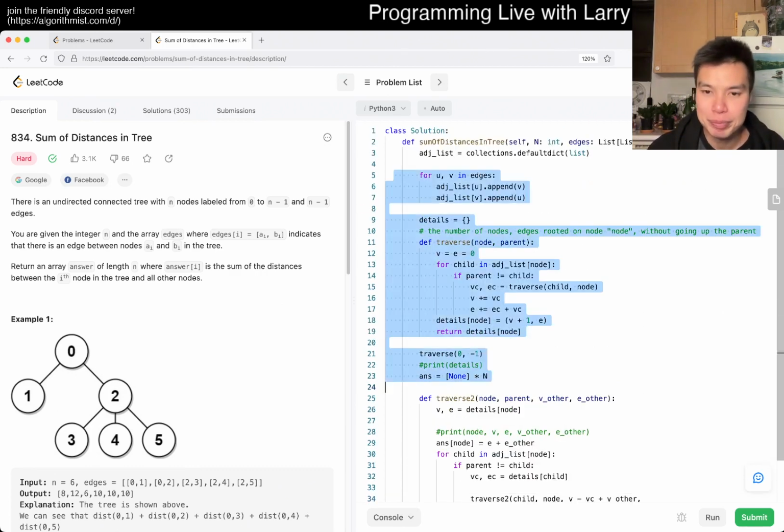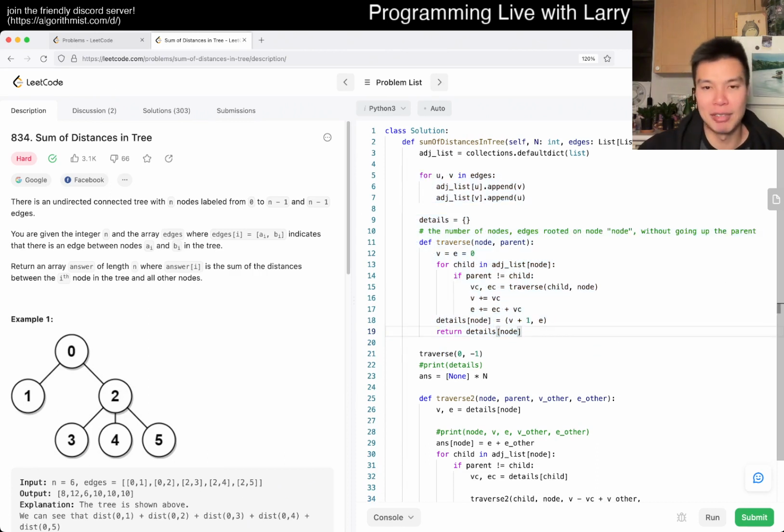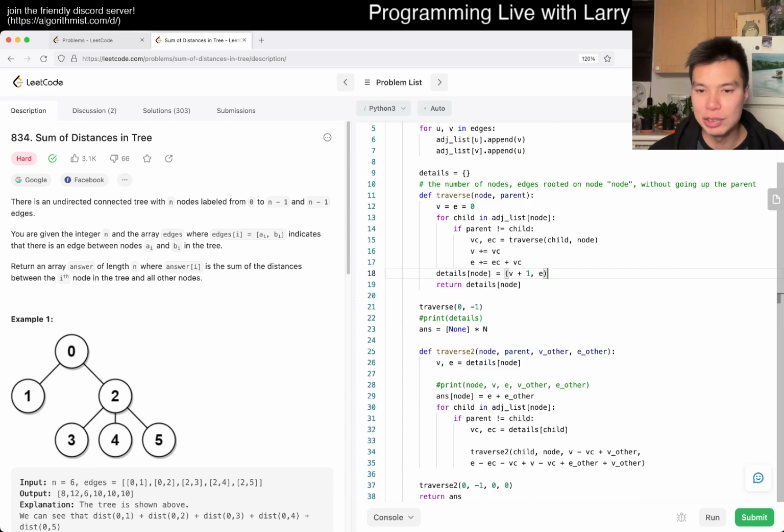But here we kind of do what I said with respect to just calculating the depth first search to calculate the sum of edges and the sum of the vertices. And then here we use that to calculate the answer, and then we use it to calculate v other and e other as they move farther and farther away.